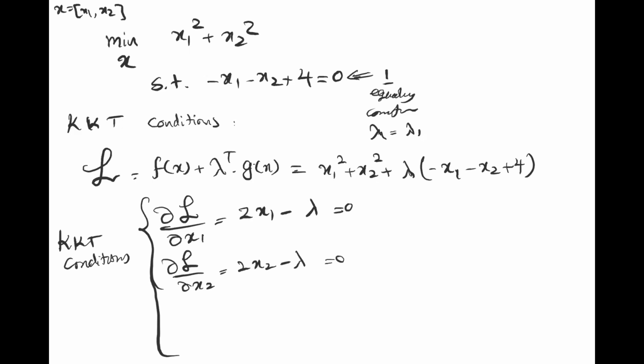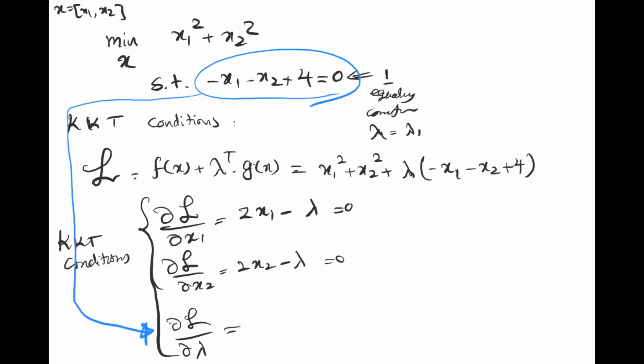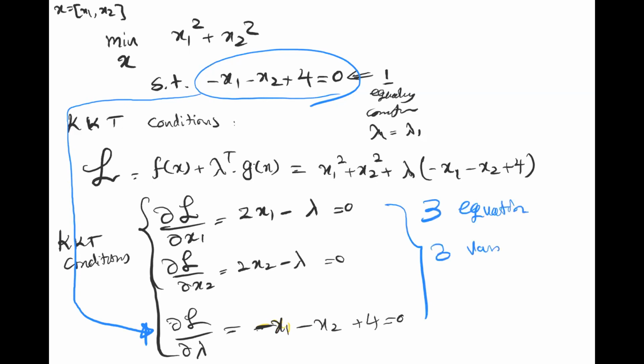And finally, the derivative of the Lagrangian with respect to lambda. For this one, we can use our equality constraint, because this is exactly going to give you your equality constraint: minus x1 minus x2 plus 4 is equal to 0. All right, what do we have here? We have a set of 3 equations with 3 variables.